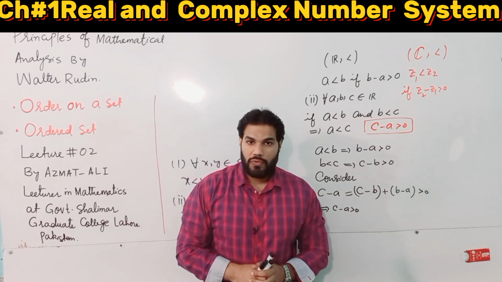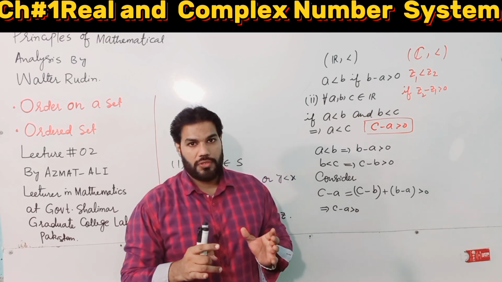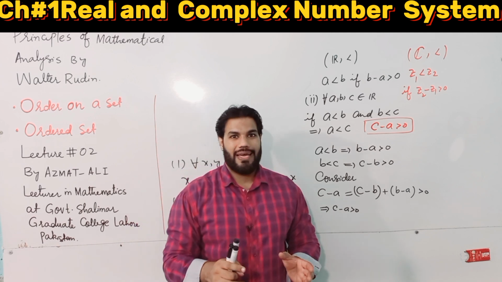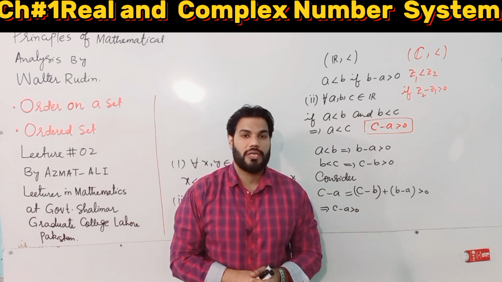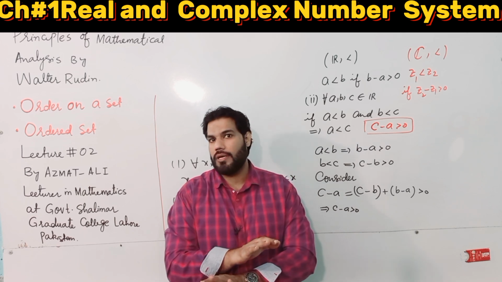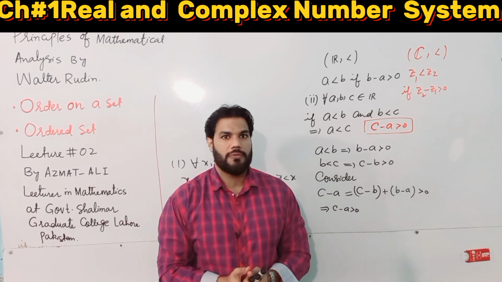As you know, the set of complex numbers does not satisfy the order axioms. In short, we know that two complex numbers are not comparable.